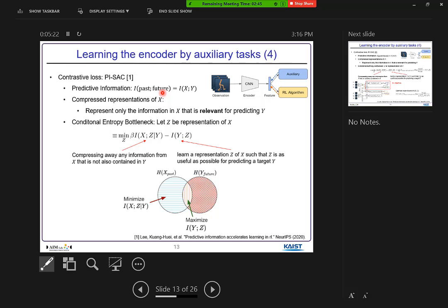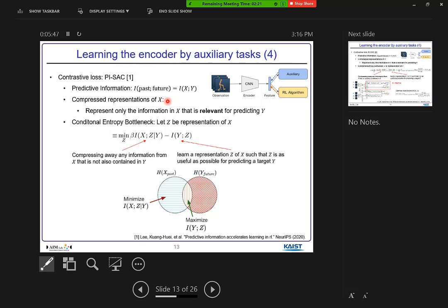In the context of reinforcement learning, you can understand past and future as the current state and next state, like two images. We want the two images, in the feature space, to be predictive. It means that from the current state, we can predict the next step.